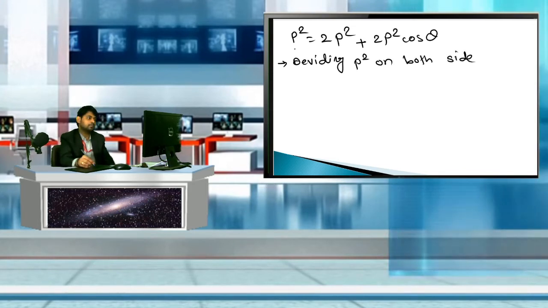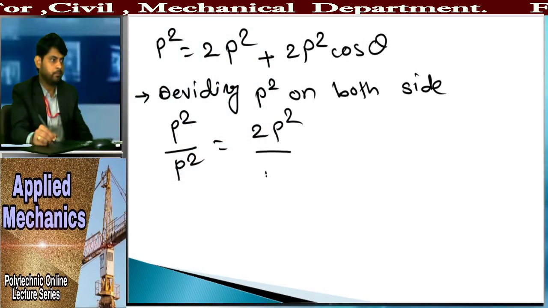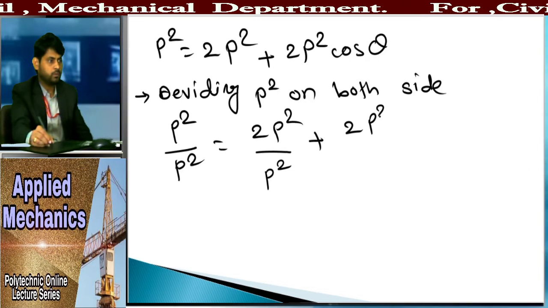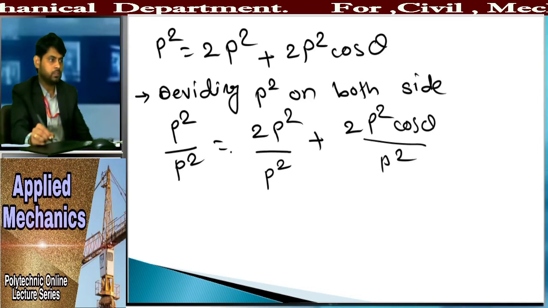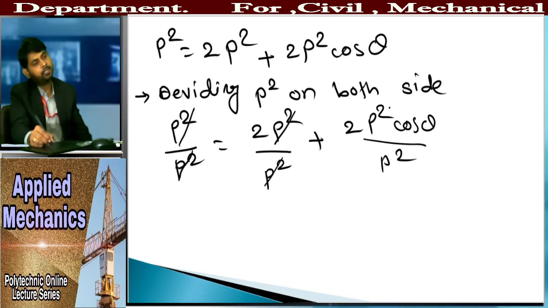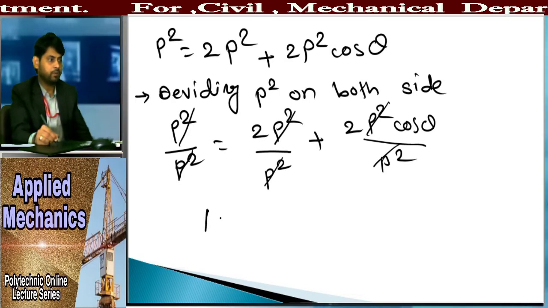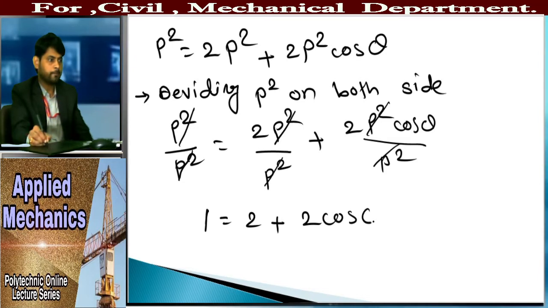So P square divided by P square is equal to 2P square divided by P square plus 2P square cos theta divided by P square. Here P square will get cancelled, P square will get cancelled, and P square will get cancelled. So you will get the value 1 is equal to 2 plus 2 cos theta.